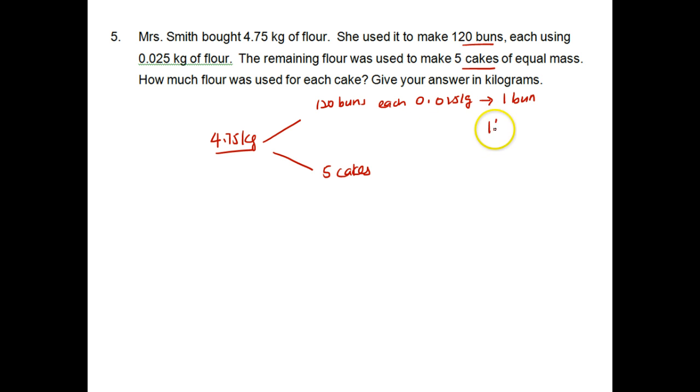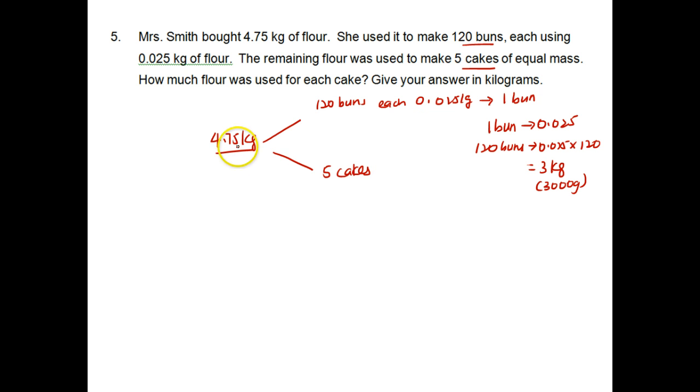So one bun, 0.025, 120 buns will be 0.025 times 120, which is 3 kg or 3,000 grams.